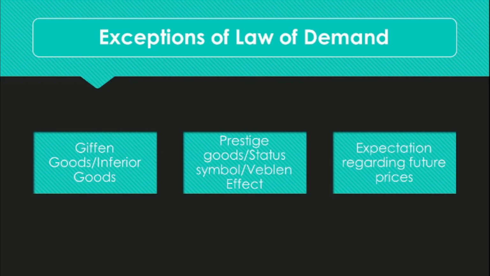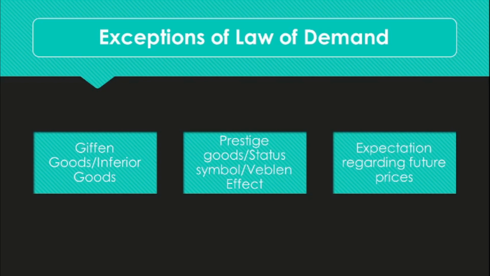It could be because of a situation of shortage, or because of certain other socio-political environment, that consumers are expecting the prices of these goods to go even higher in the future. So they will not decrease the quantity demanded for this kind of normal product, because it is essential and they know that the prices will be even higher, so it is better to purchase at the given higher prices.